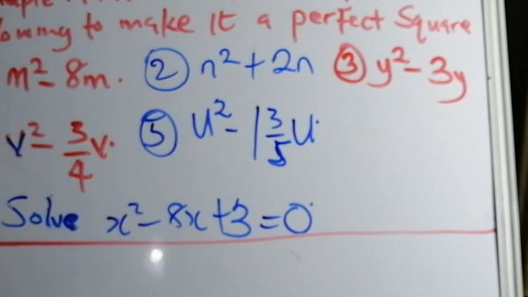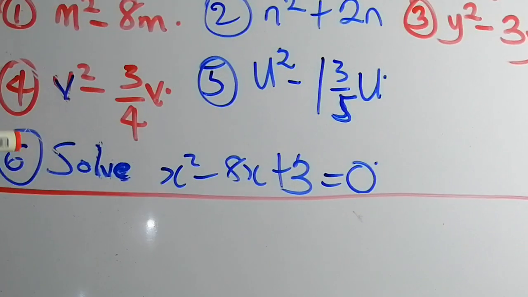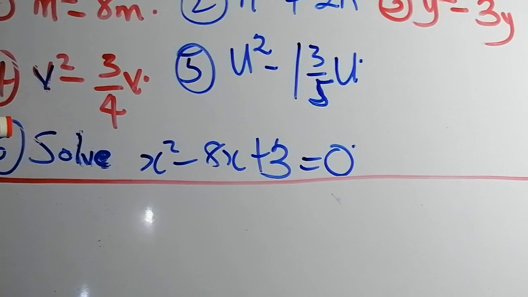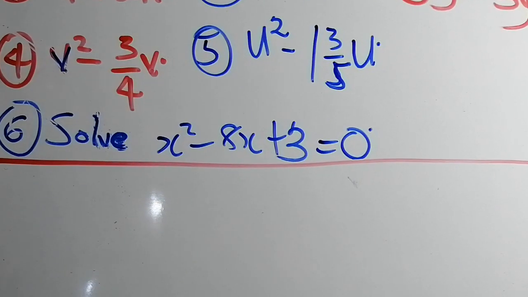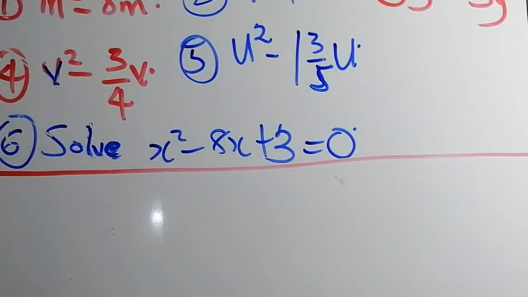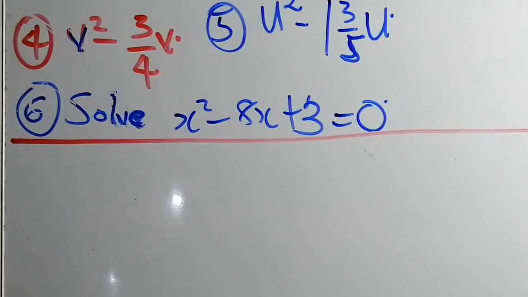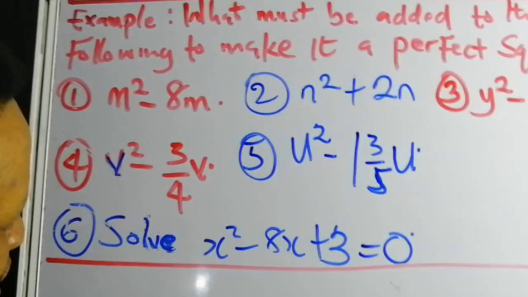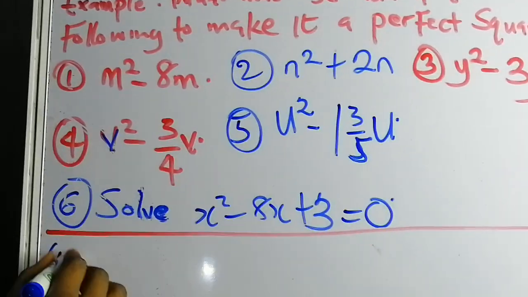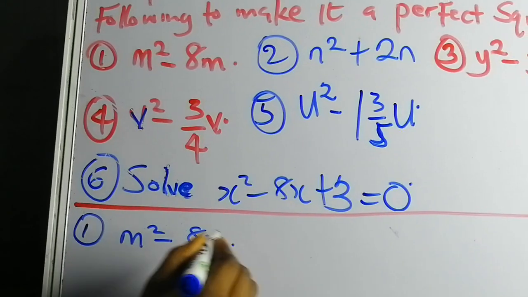I intentionally put this number 6 for you to see that there are some expressions you cannot factorize. If you know that you cannot factorize, all you need to do is use another method, which is either completing the square method or quadratic formula. So let's dwell on number 1, which is m squared minus 8m.